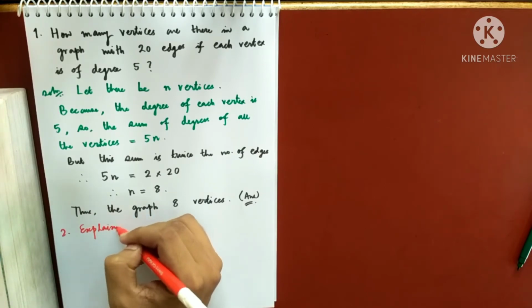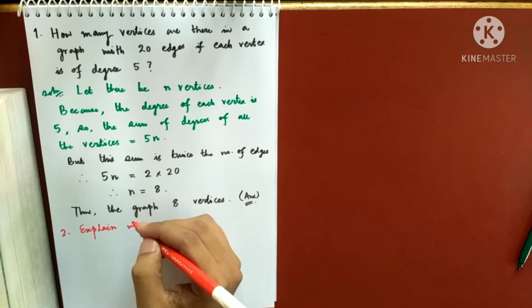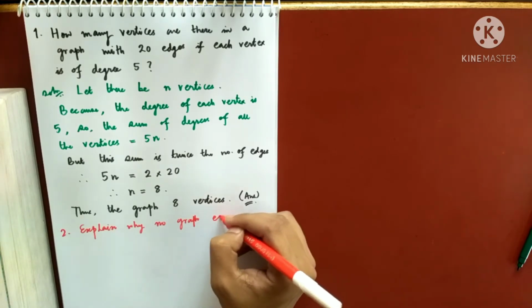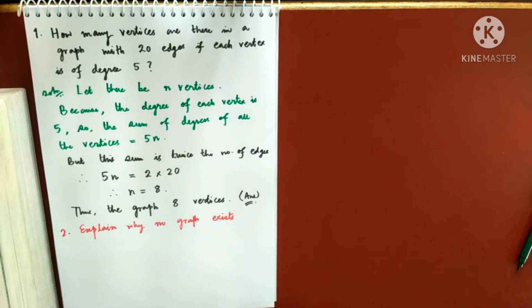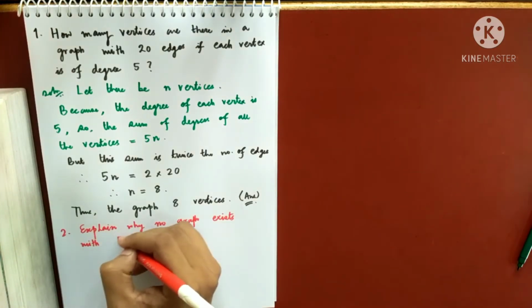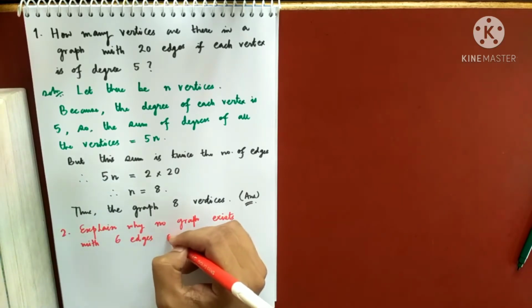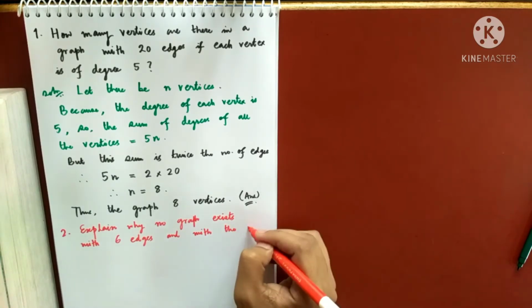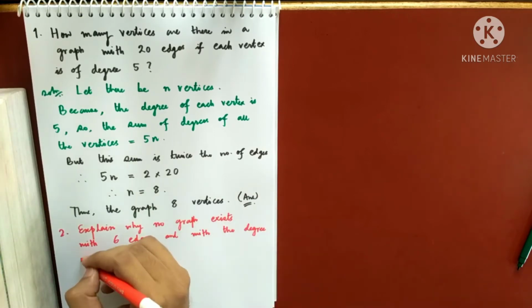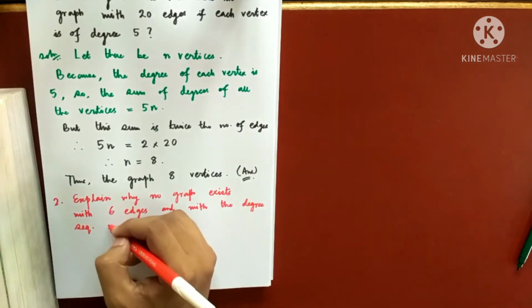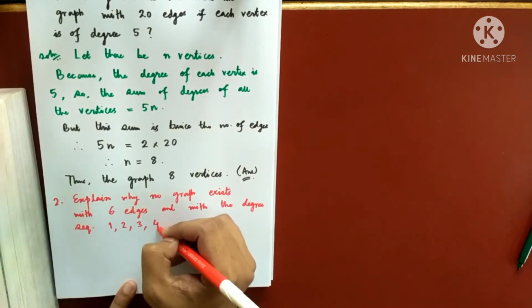Explain why no graph exists with 6 edges and with the degree sequence 1, 2, 3, 4, 6.